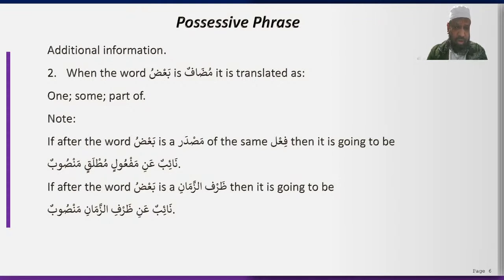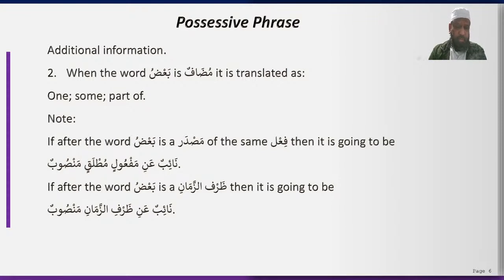So let's go through again. When the word ba'du is mudaf, it is translated as one, some, part of. If after the word ba'du is a masdar of the same fi'l, then it is going to be naibun an maf'ulin mutlaqin mansubun.